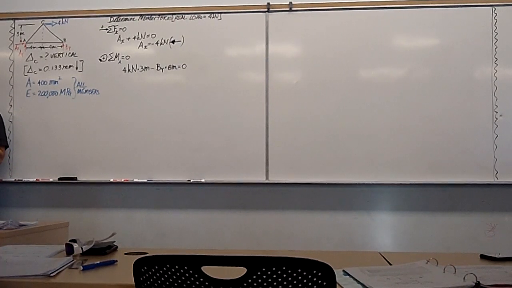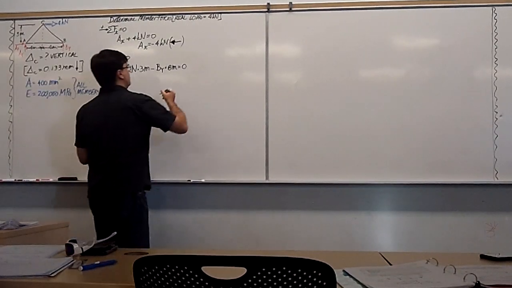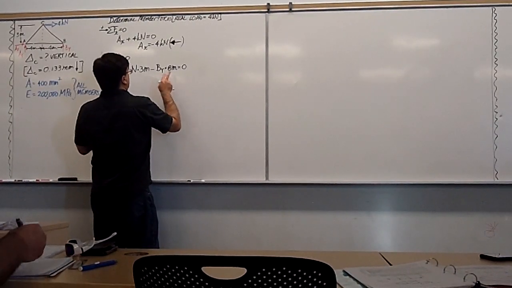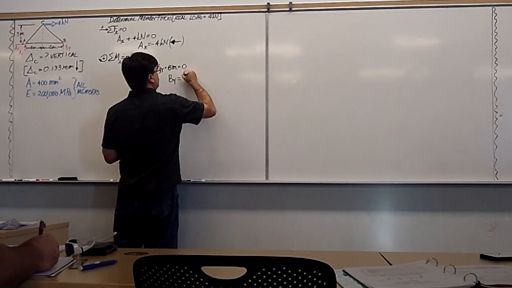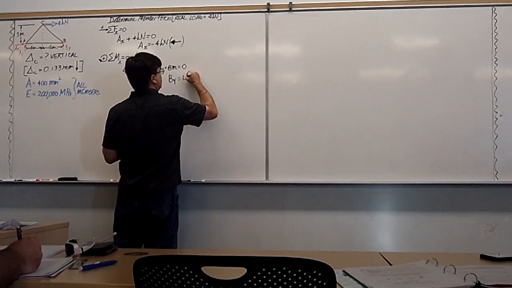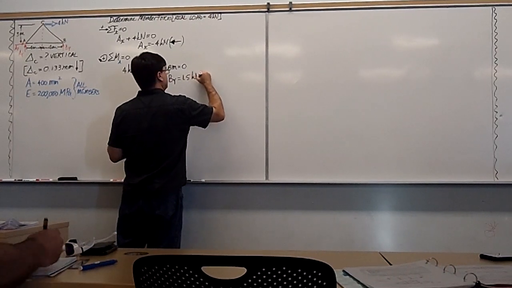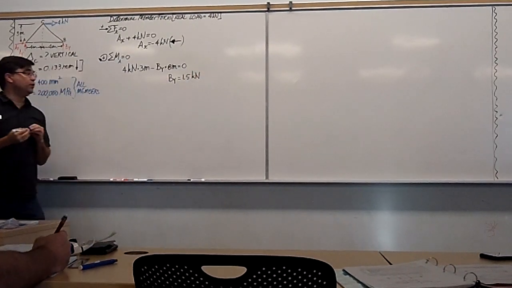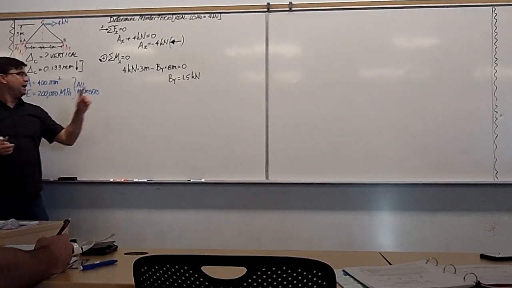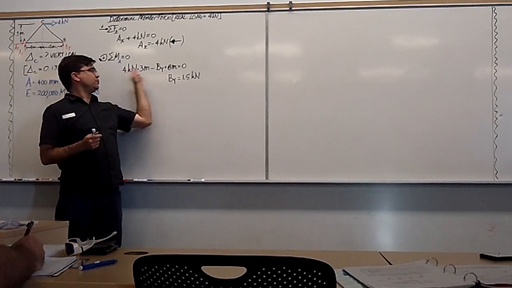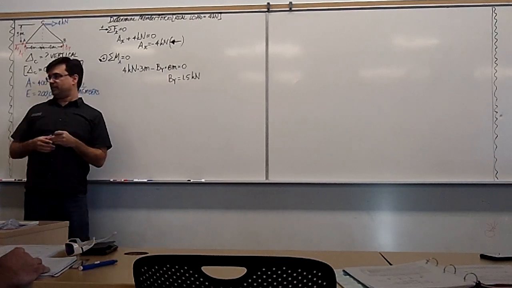Does that look okay? Okay. And then from this, if we rearrange it, we get that By is equal to 1.5, I believe. I get positive 1.5. Now, to be fair, I skipped a number of steps to go from here to there. I did them all up here.